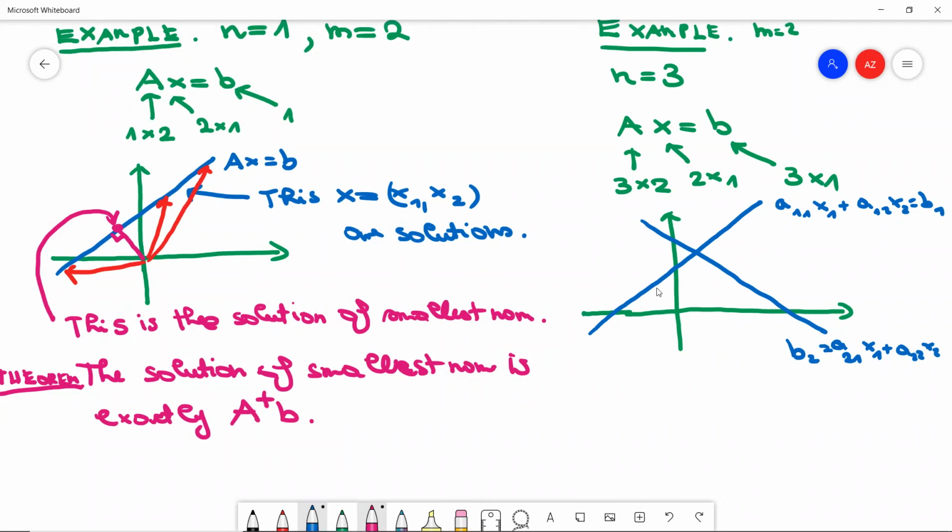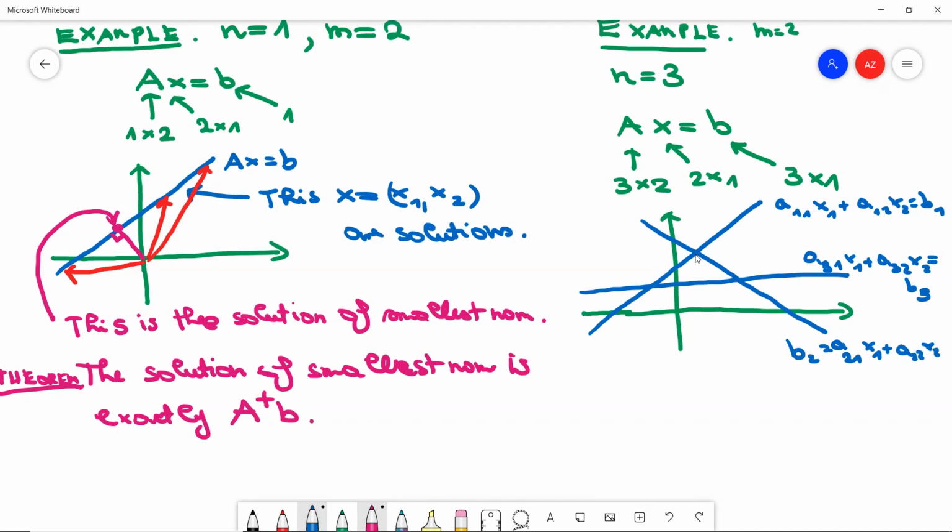And then the third is A31 x1 plus A32 x2 is B3. And we see that there is no X that would satisfy all three equations, because it would mean that those three lines intersect in the same point, which is not true. So we have three intersections, but each intersection is only a solution for the intersection of two lines.